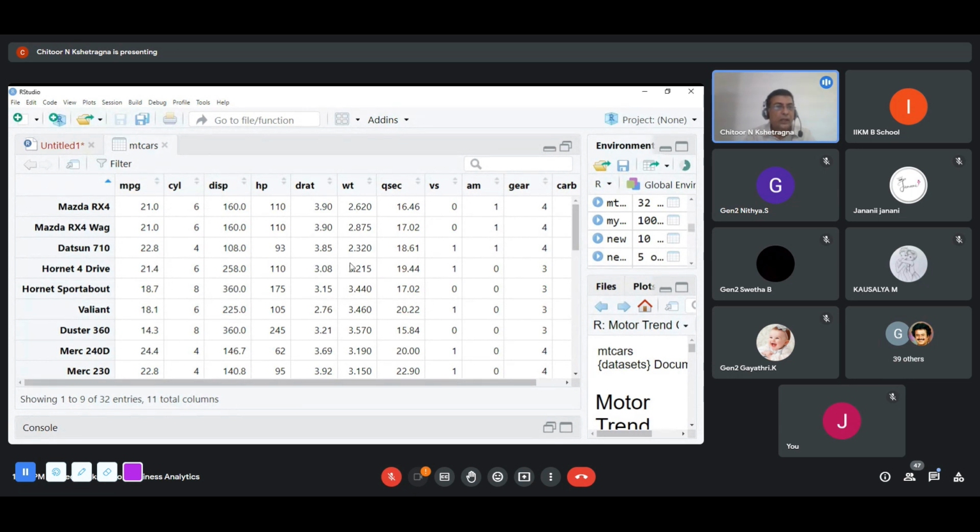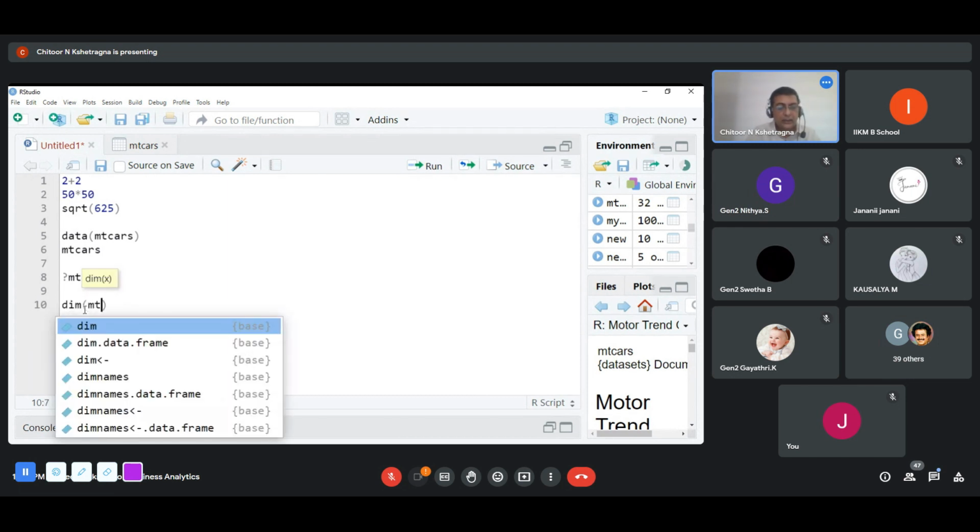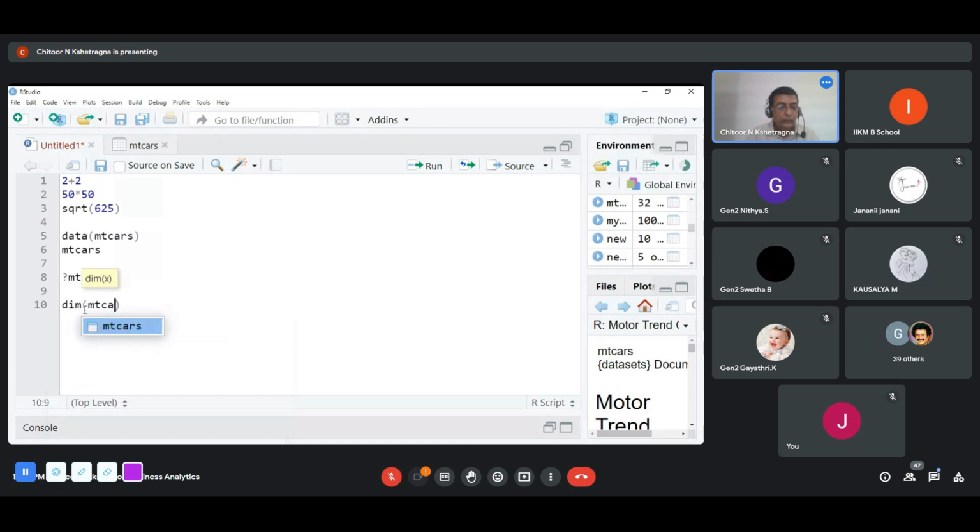So now what I'll do is I'll go back to RStudio. I want to find what is the size of the data set. So I just try to do dim(mtcars). See, R gives me the prompt. I pick that prompt.